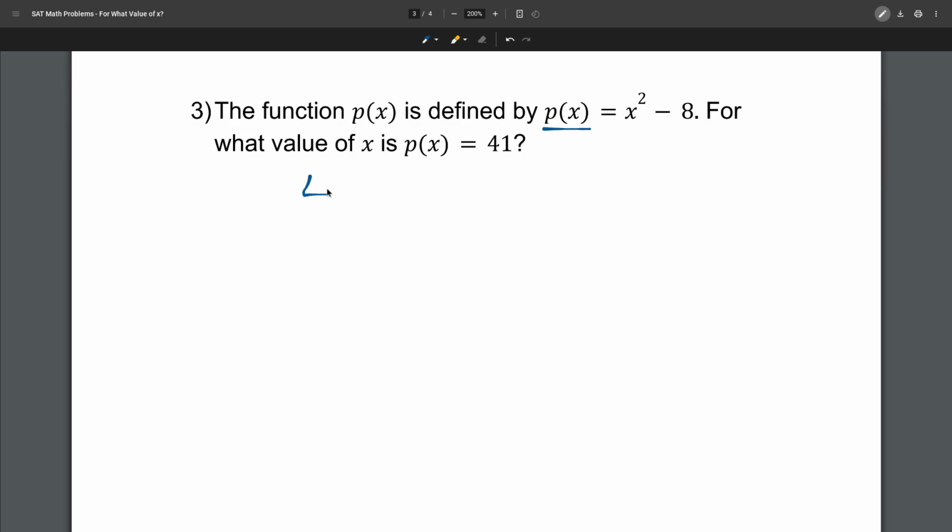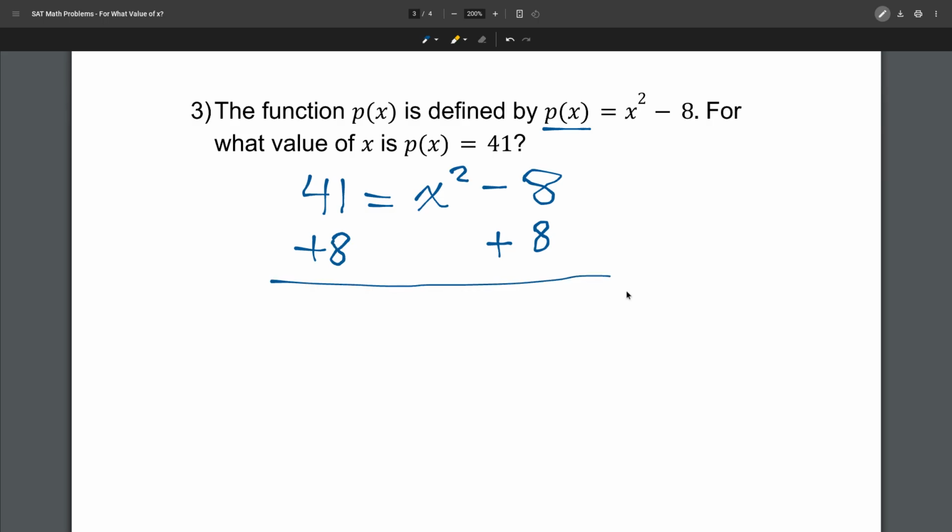We're going to say 41 equals x squared minus 8. I want to get rid of the subtraction of 8 first, so I'm going to add 8. If I do that to the right-hand side, I have to do it to the left. What you do to one side of the equation, you must do to the other side to keep it equivalent. A minus 8 plus 8, that's 0. And you'll see people saying these cancel out.